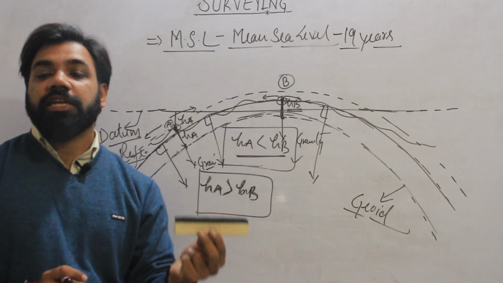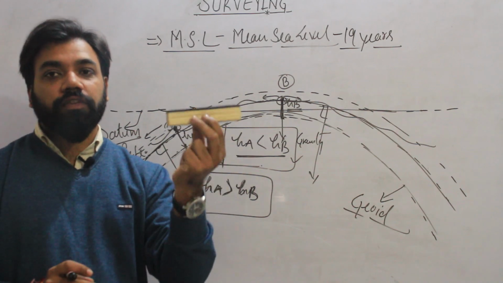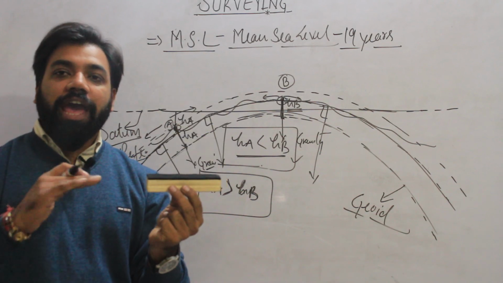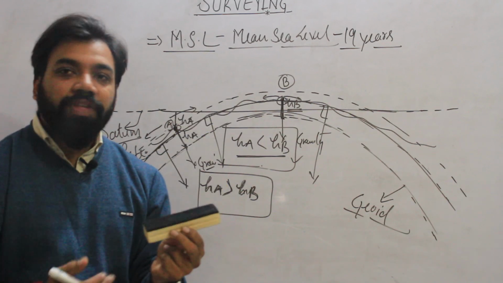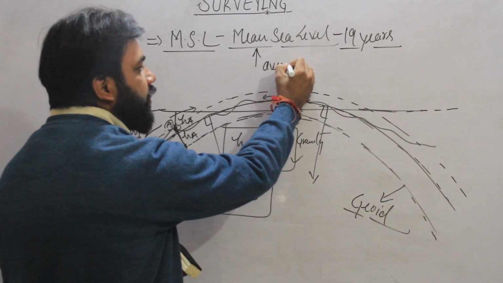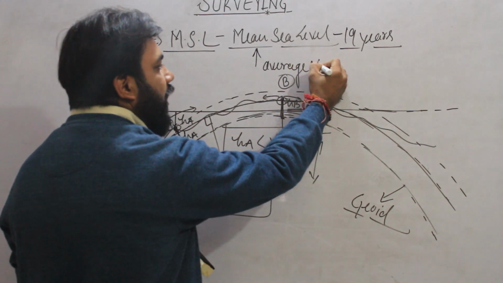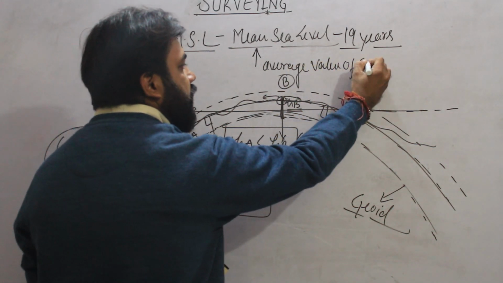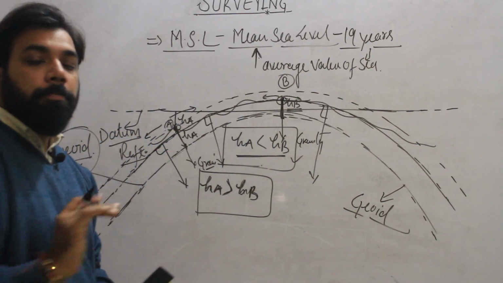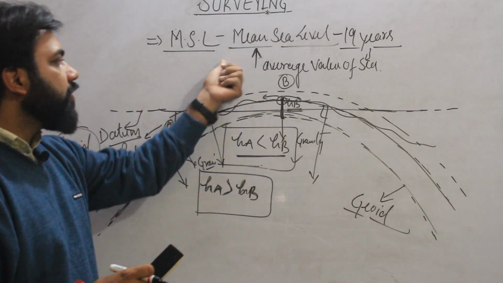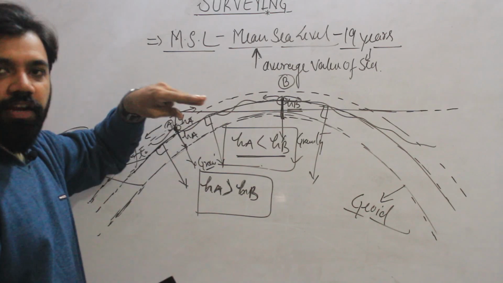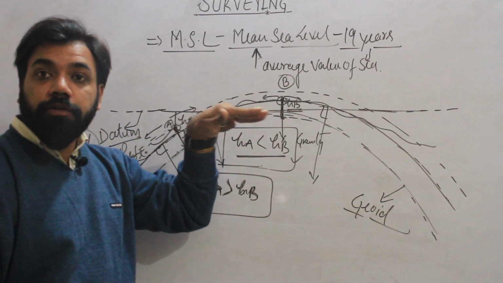So for 19 years the level of sea water is observed, and from this the average value is calculated, and we consider it as mean sea level. The average value of the sea for a period of 19 years is considered as mean sea level, and this could be different for different countries.